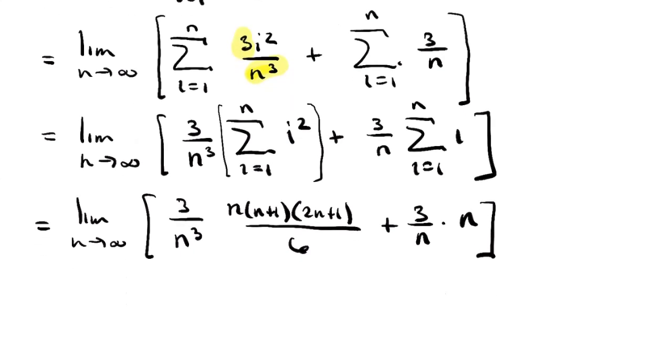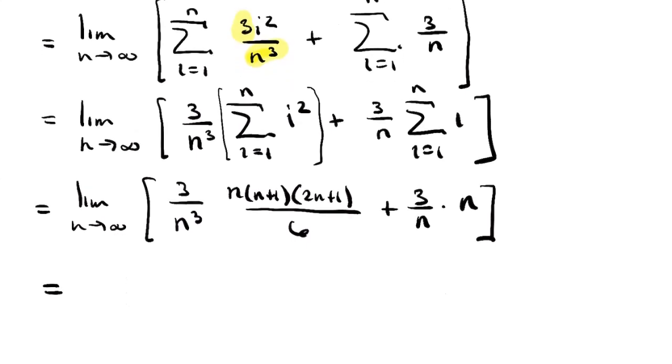All right, let's take the limit. I'm going to take this limit one term at a time. And how are we going to do it? Well, I'm looking at the numerator of this fraction, and I can see that it's a degree 3 polynomial in n. If I multiplied all this out, I would have an n times an n times an n. That's an n cubed.